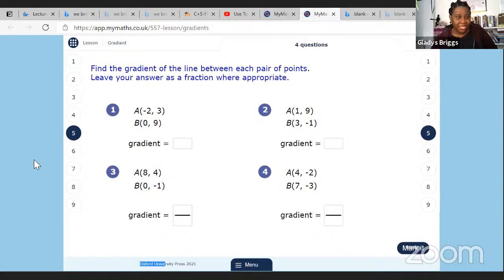Okay, somebody has finished. Somebody has finished. So guys, come on. I'm waiting now for one or two more to finish so that we can check the answers.